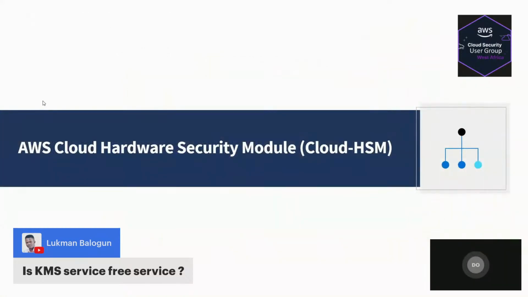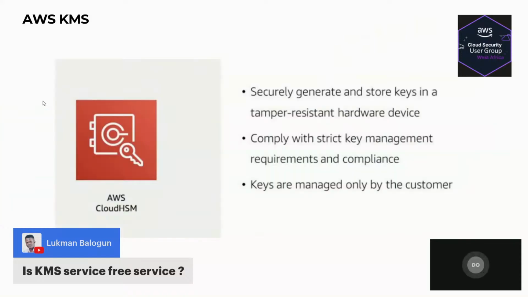So, Cloud HSM. Let's talk about Cloud HSM very quickly. This is another service that we can use for managing encryption keys in AWS. KMS has a key store that it uses.